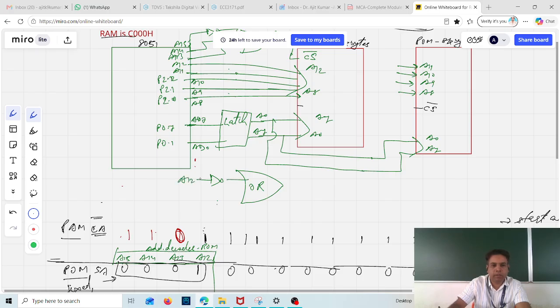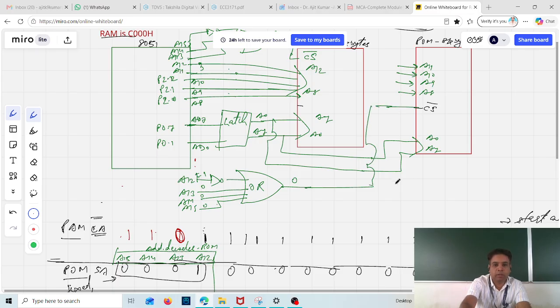You can take this connection here and connect here. And A13, A14, A15 will be connected directly. And the output will of course be 0, because A12 is binary 1, this is 0, this is 0, this is 0. And this will be connected here to the CS input pin.